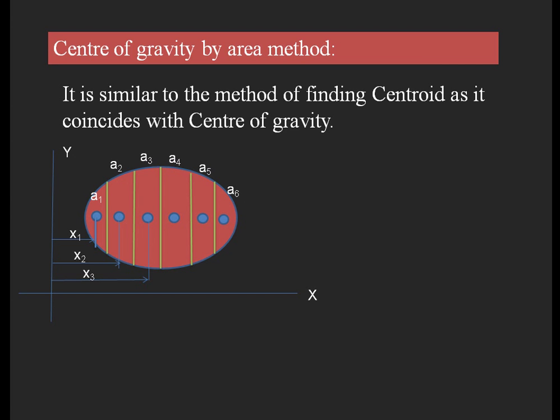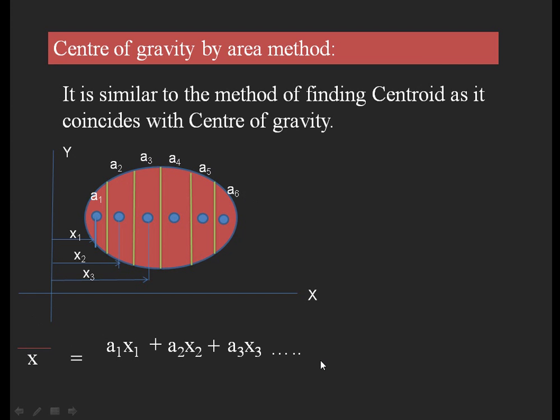By knowing these distances for the center of gravity of the individual parts, we can find the center of gravity. First I want to write the x coordinate of the center of gravity of the total body. It can be written as A1 x1, that is the area times the distance of the center of gravity of that area from the y axis, plus A2 x2, plus A3 x3, and so on up to A6 x6.